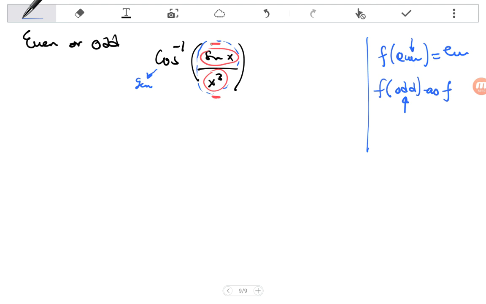So the whole ratio will be an even function. So now I have cosine inverse of an even function. So what would be the result? It will be even. We have learned that if the inside function is even, the whole result will be even, whatever the kind of f. So the given function is just even.